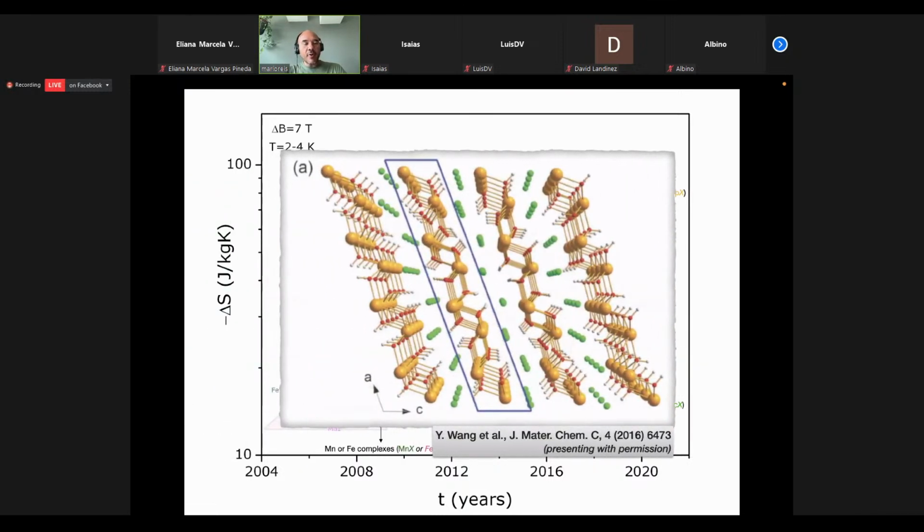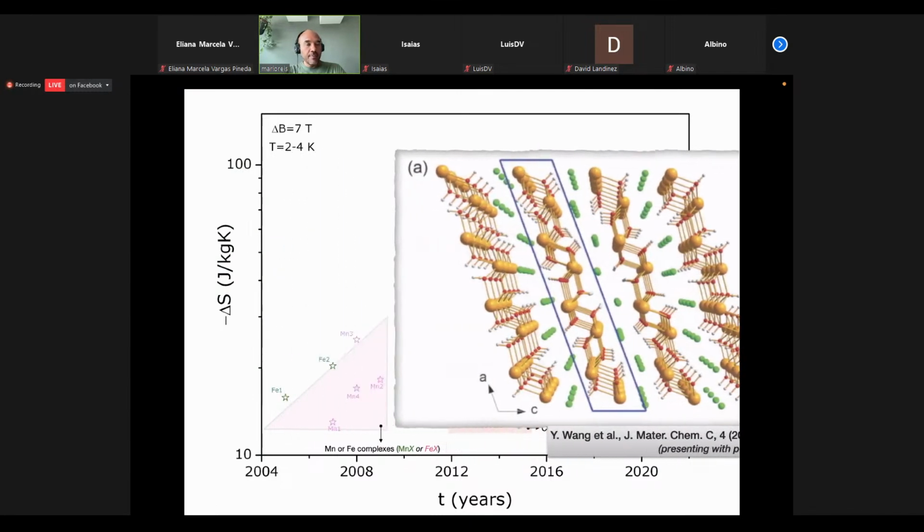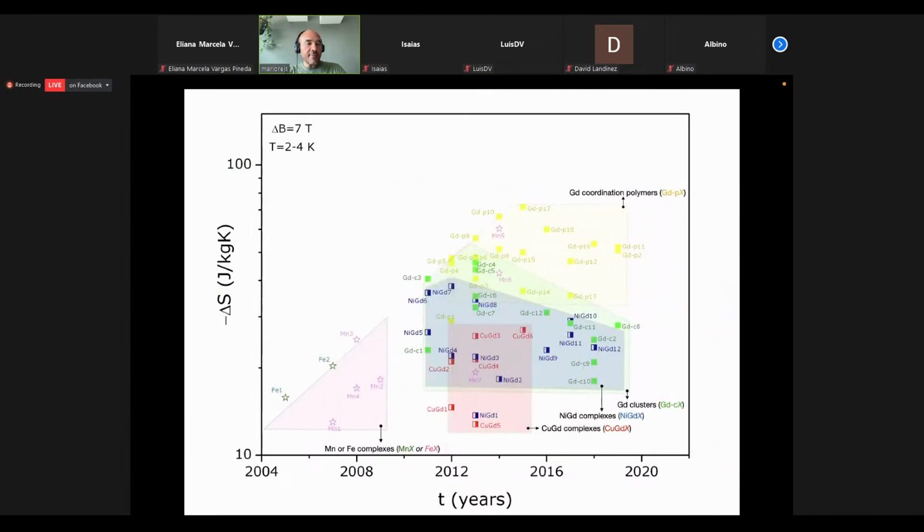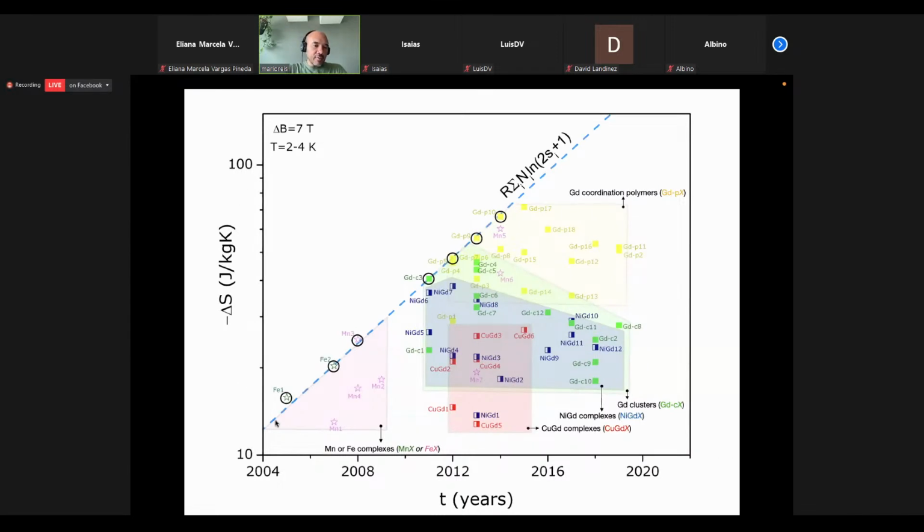One very interesting point here is the following. Here is an example of the chains of gadolinium. These materials here, highlighted with a black circle, all of these follow a straight line. And all of these have the maximum entropy change of logarithm of 2S plus 1. They follow a straight line with time. It's like a Moore's law for the entropy change.